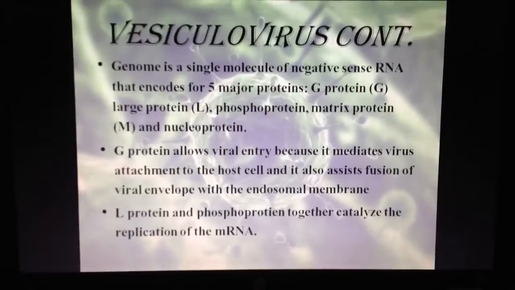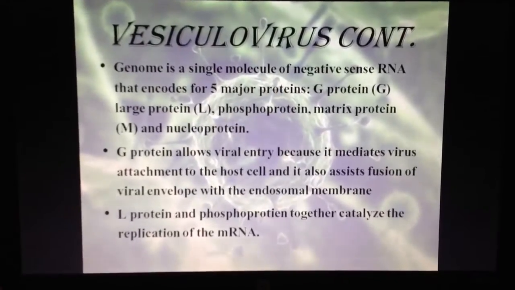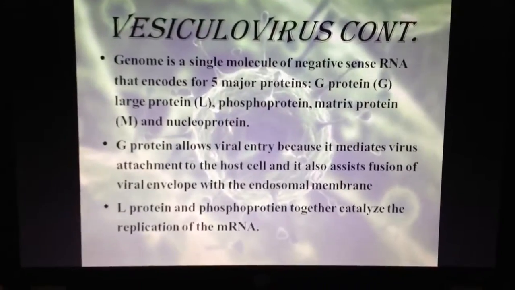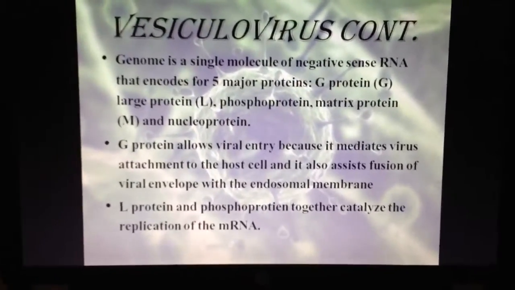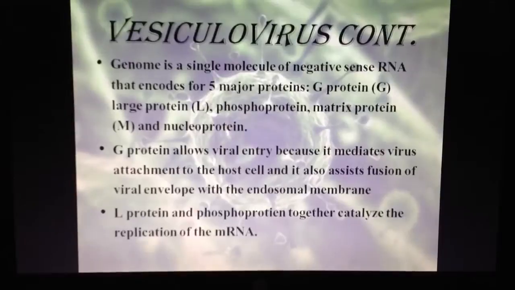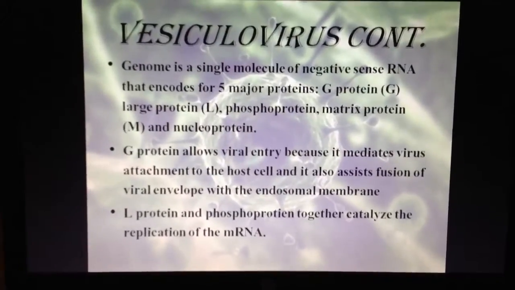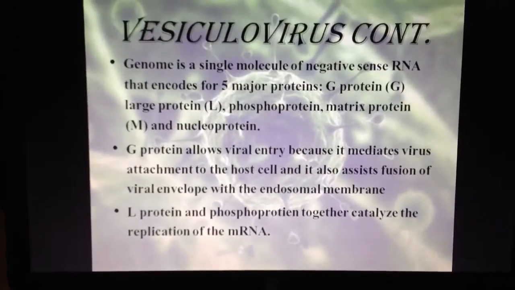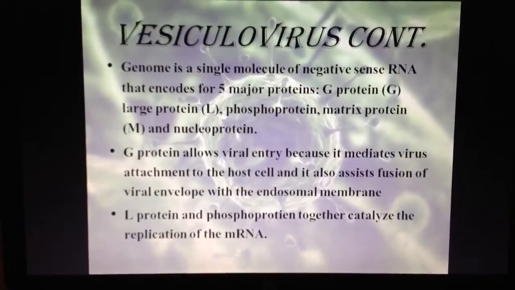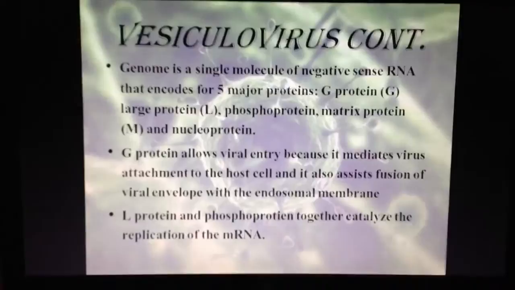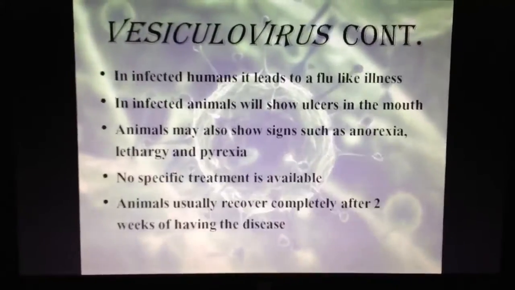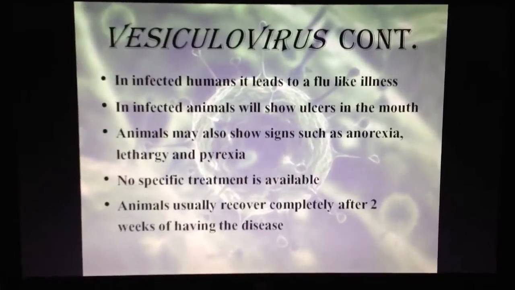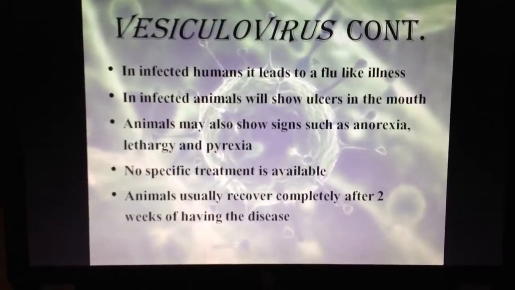G protein allows viral entry, as we saw in the image before, because it mediates virus attachment to the host cell, and it also assists fusion of the viral envelope with the endosomal membrane. L protein and phosphoprotein together catalyze the replication of the mRNA. In infected humans, it leads to a flu-like illness.